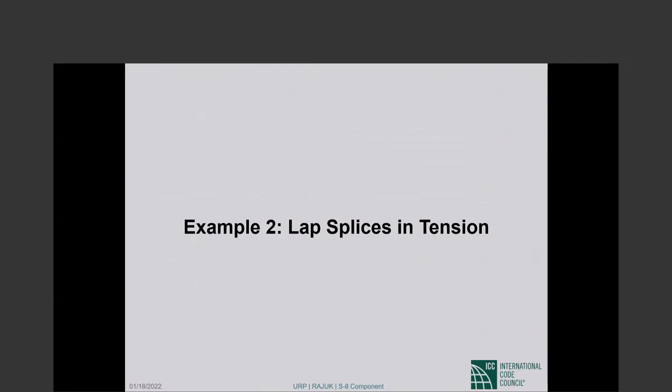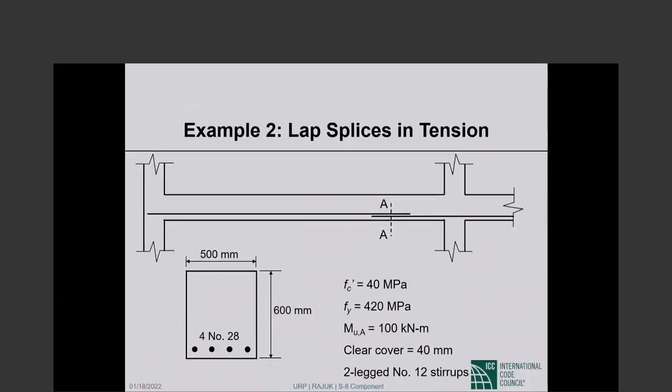Now this is almost 3 hours. Let me consult with both. The other two examples are shorter. Should we lump them with the question and answer session on Monday? Next Monday is when I'll do two-way slabs for flexure. Okay, we can do that.